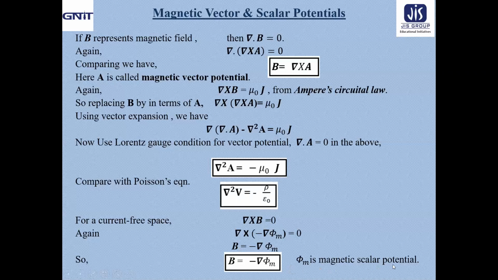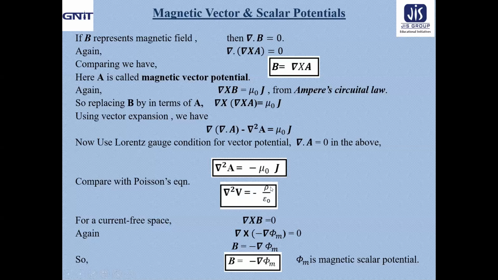Here phi m is called the magnetic scalar potential because you are taking the gradient operation. So by taking the gradient operation on the potential, you are getting the magnetic field. So it is the magnetic scalar potential.